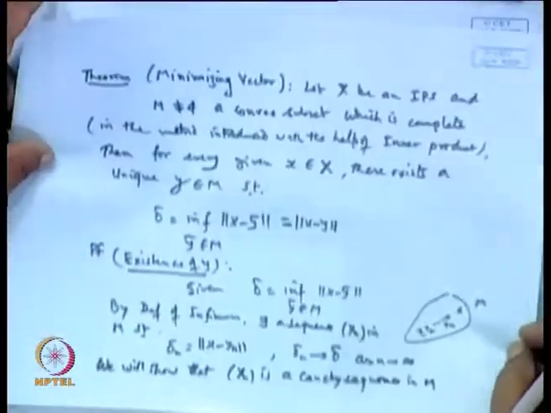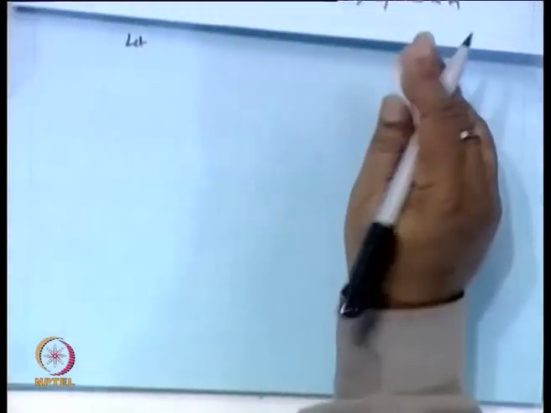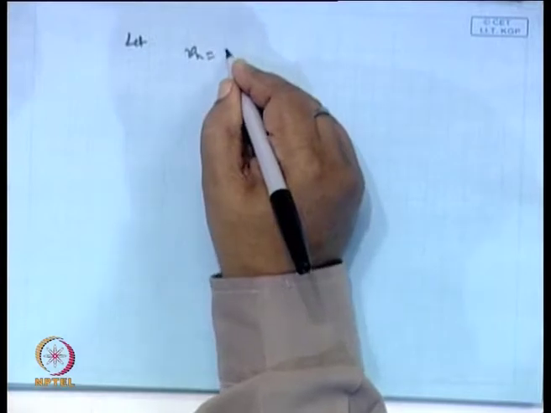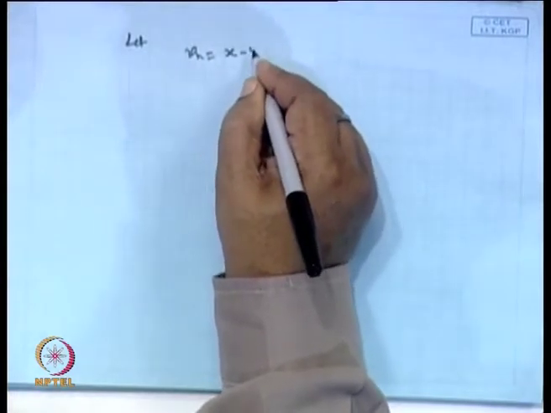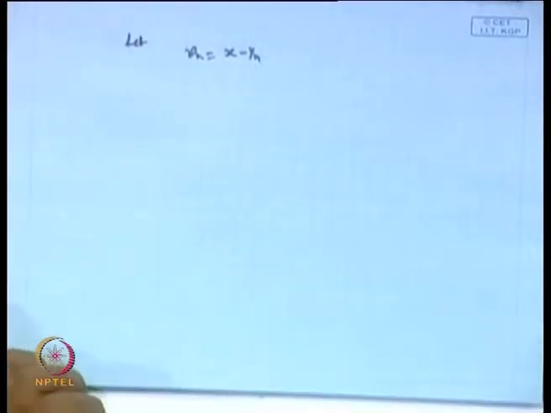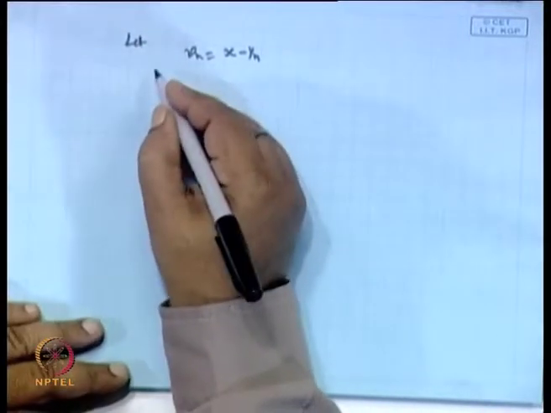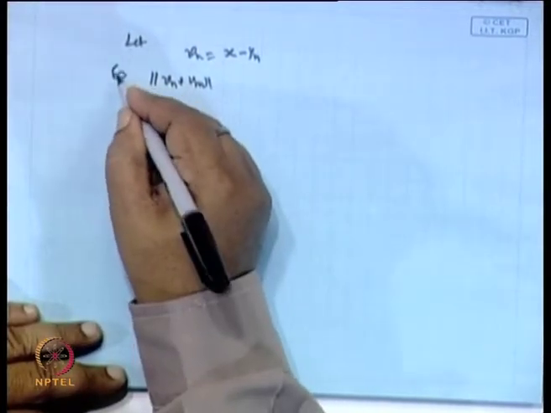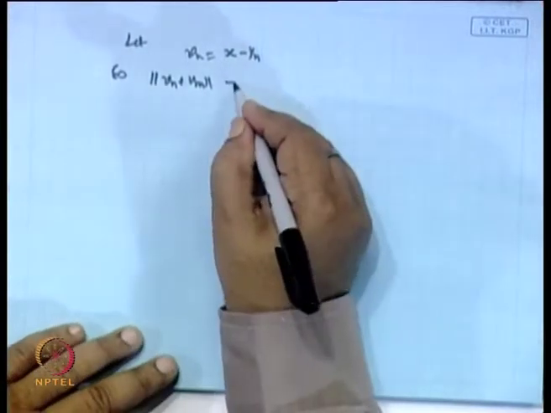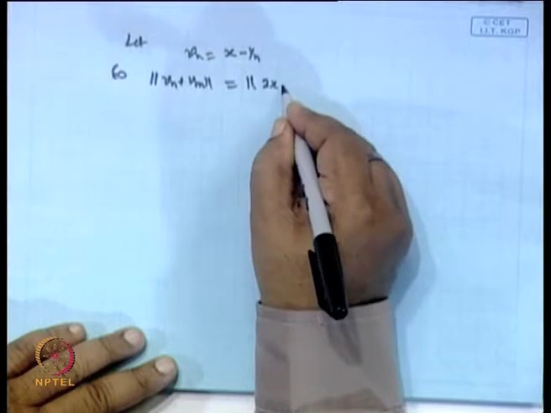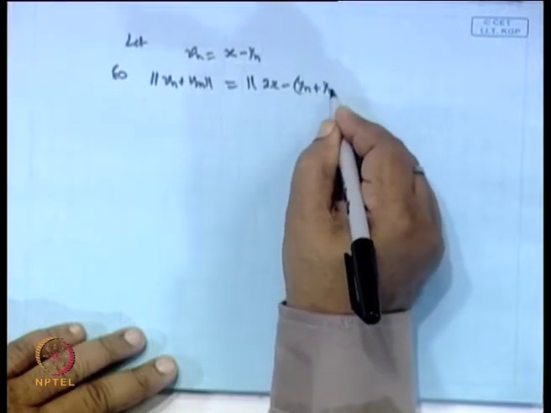Let us put this term x minus y n as V n. So, we get norm of V n plus V m. What is this? This is equal to 2 times x minus half of y n plus y m.